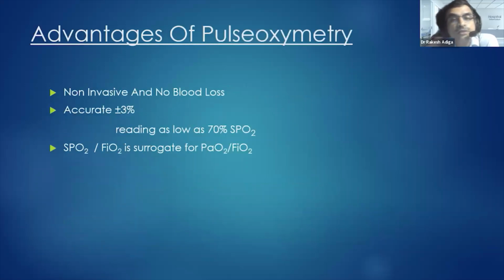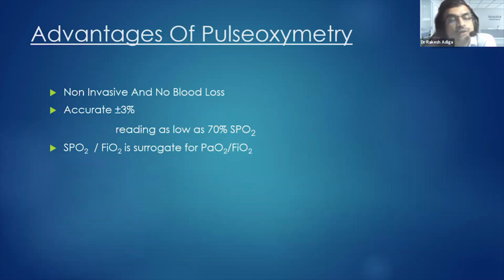The advantages of pulse oximetry: it's non-invasive and there is no blood loss. In a preterm baby or a borderline preterm baby, blood loss is like losing hemoglobin F. Hemoglobin F is very important for a baby to prevent all the above complications.